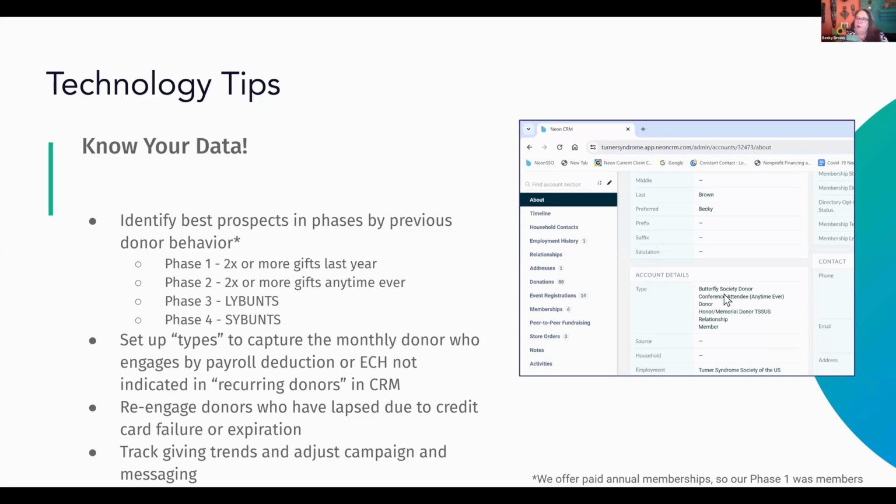So I can pull a report based on type, and it'll include all of my Butterfly Society donors. That's really important because nothing is more embarrassing or more hurtful to a donor who is participating than when you publish a list and their name isn't on it. I mean, it happens from time to time, but it's really not a good thing. So you have to be very careful with your tracking.